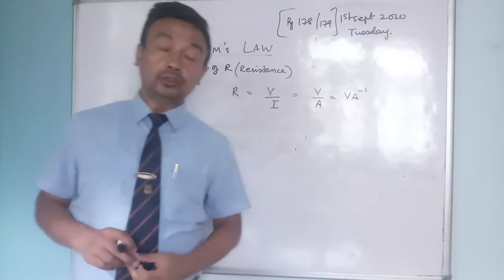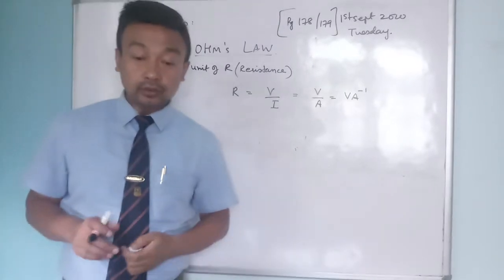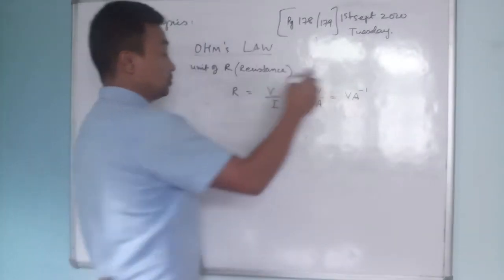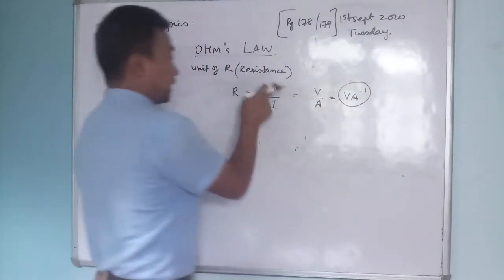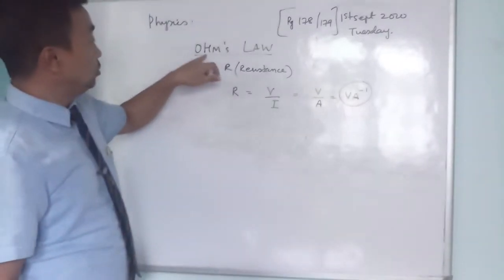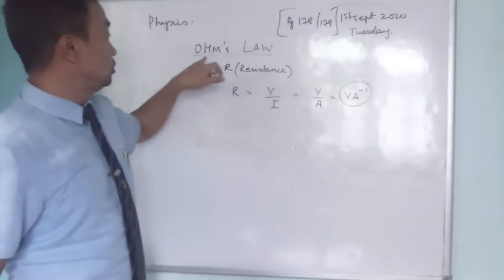SI unit of the resistance R, and it is also named after the scientist who found this relationship, Simon Ohm, in order to honor him. So you can also call it Ohm, O-H-M.